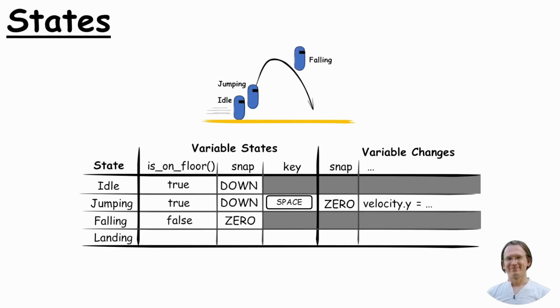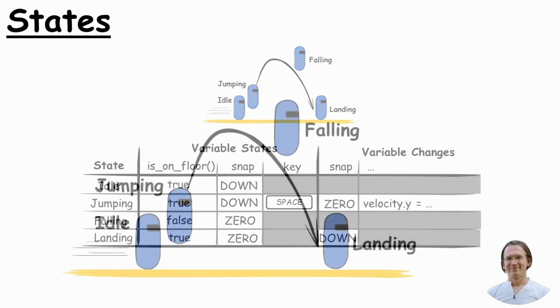Then we shoot upwards, and when falling, we are not on the floor anymore. isOnFloor is false. Snap is 0 because we set it to 0, and there's nothing else to do because that's a passive process, at least for now. And then when we are landing, we are on the floor again. isOnFloor is true. Snap is 0 because it's still 0 from when we changed it, and we need to change the snap vector to down because we snap it back to the floor again.